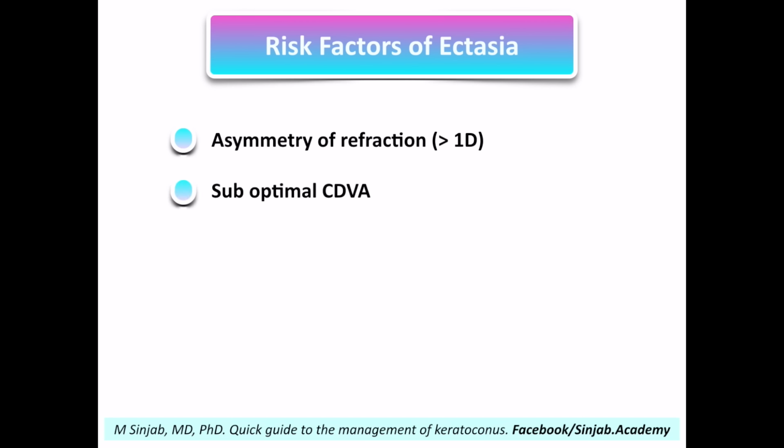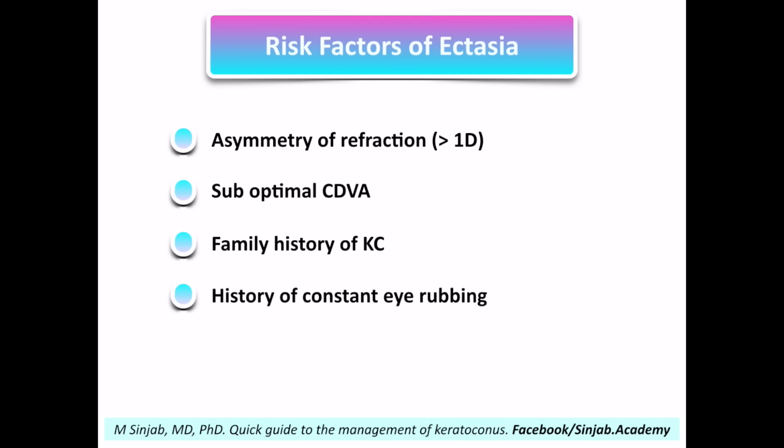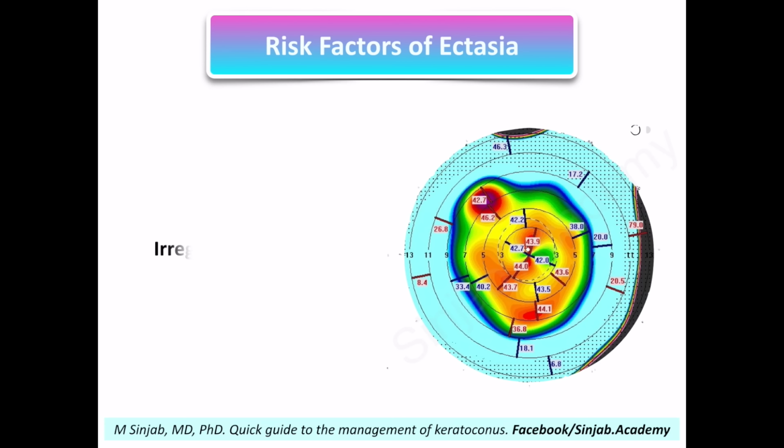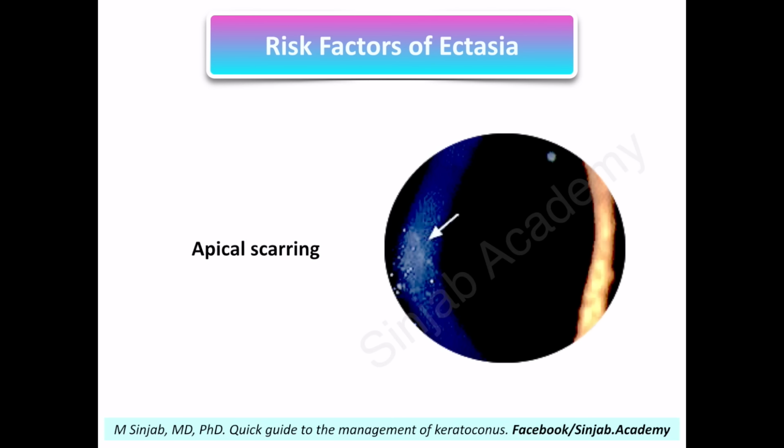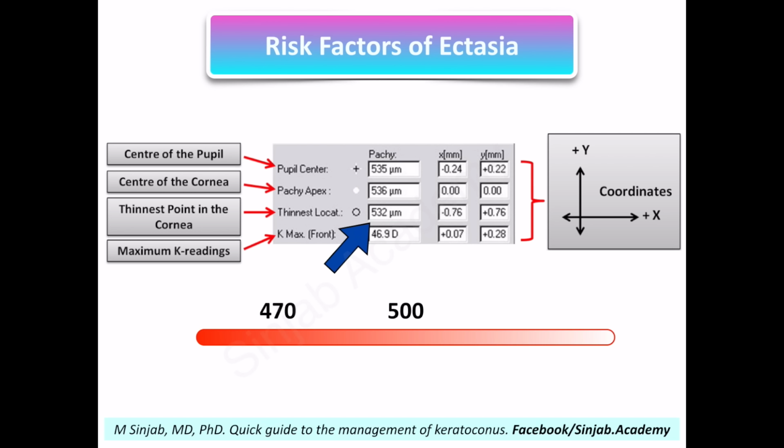And if we have suboptimal corrected distance visual acuity, if we have no other explanations involving the lens or the vitreous body, the retina, the optic nerve, if we have a family history of any ectatic corneal disorder, if we have a history of constant eye rubbing, if the astigmatism is irregular, if there is an apical scarring, and if the cornea is thin, and I have defined the thin cornea in previous videos.